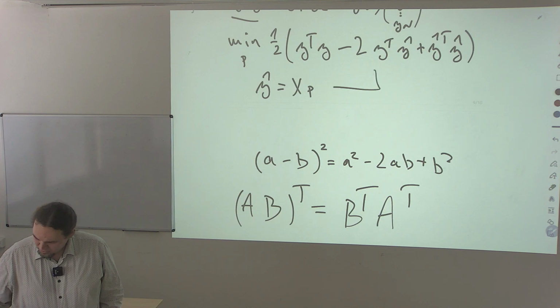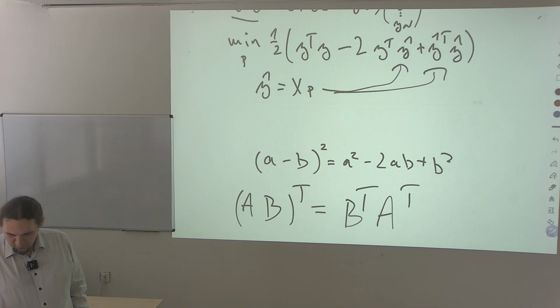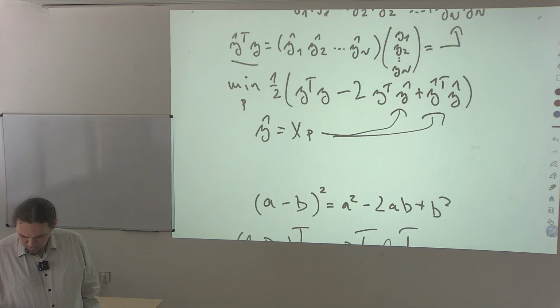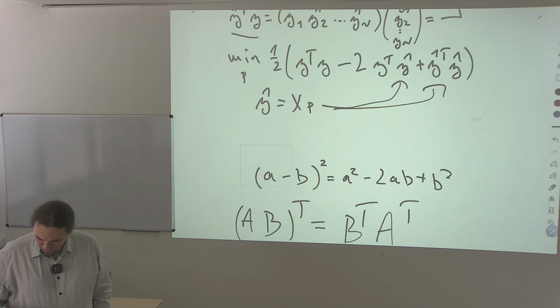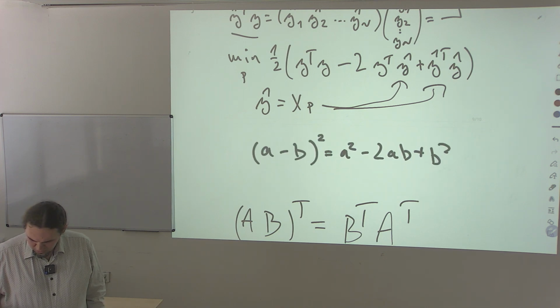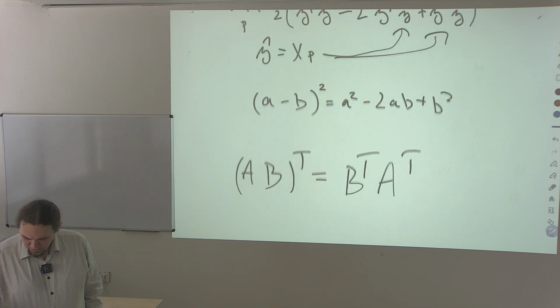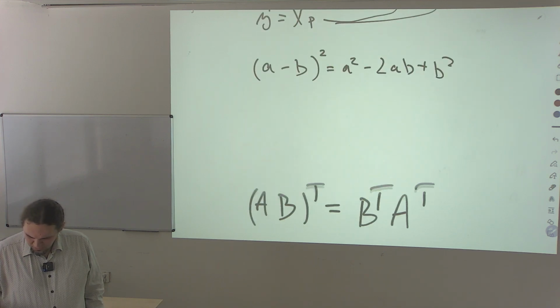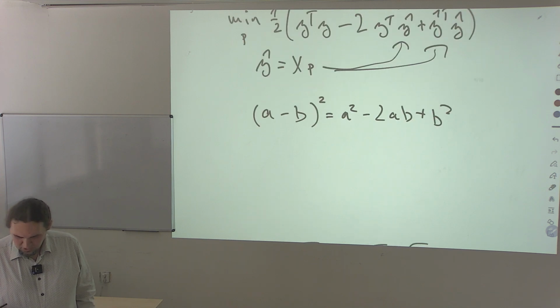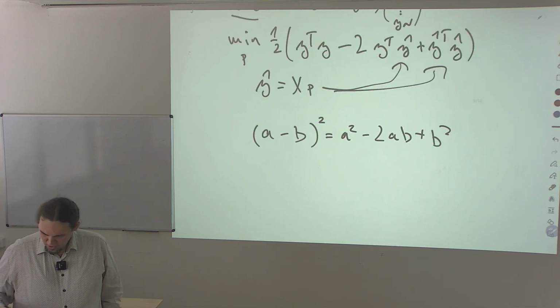Let's introduce it wherever we need. Good. Let me keep this one here. That's our scalar analog, and let's move this one a bit. We will need it in a second.